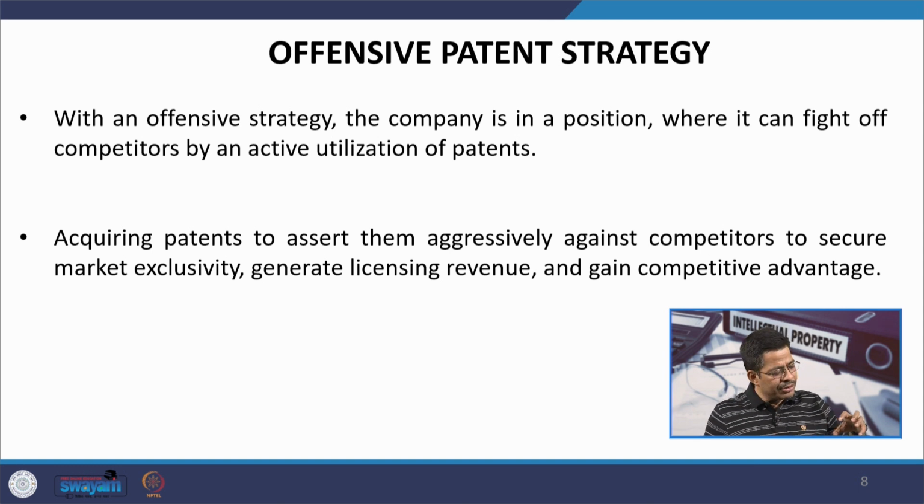I try to get supremacy in the market, and unfortunately you will see that the tussle between Samsung and Apple can be put under this offensive patent strategy. Both these companies are continuously looking to have an offensive patent strategy.